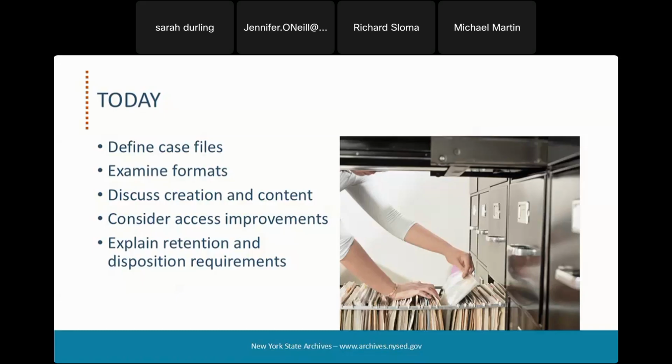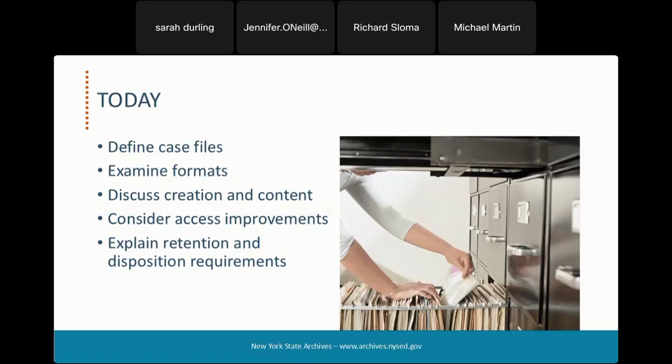We are going to talk about the retention and disposition requirements, including the ever famous LGS-1 retention schedule and the state agency general schedule as well, and the importance of developing policies and procedures to document and maintain a consistent system for managing all of your case files.